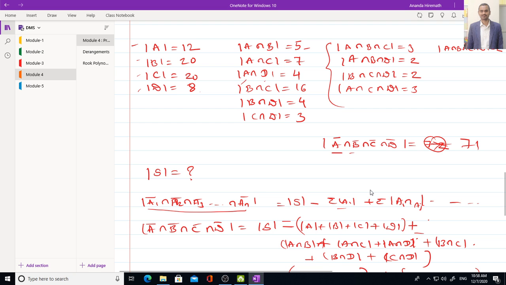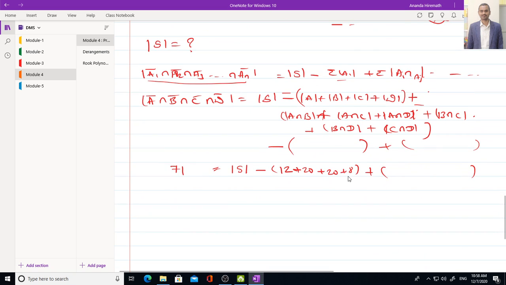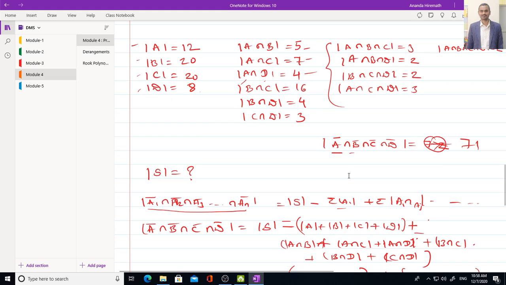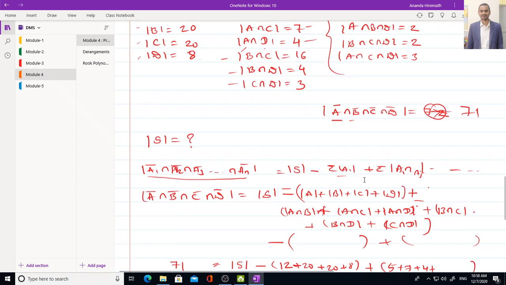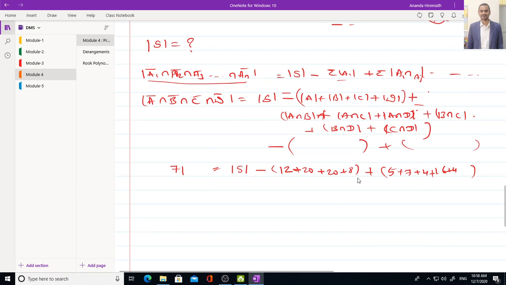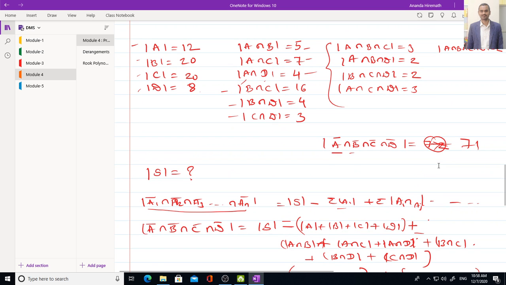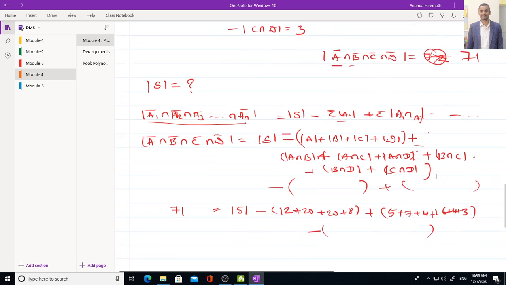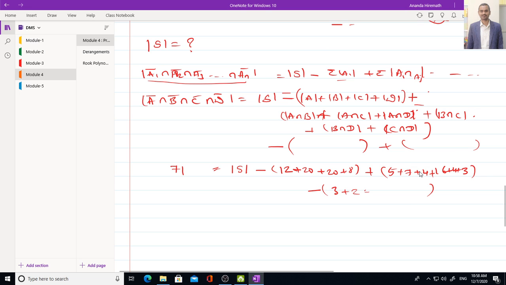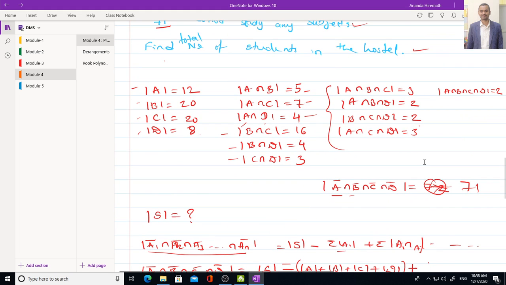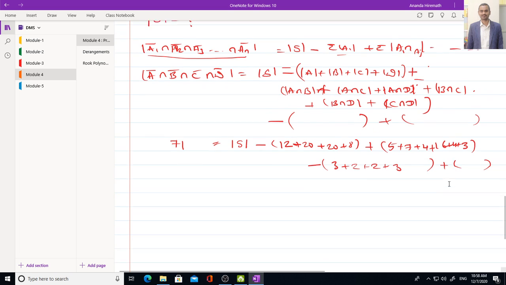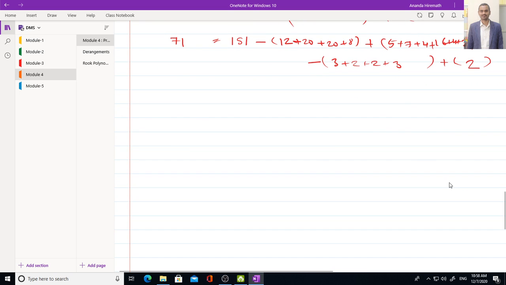So all these 5, 7, 4, then we have 16, 4, 3. Then next minus combination of threes. Here 3, 2, 2, 3. Then plus combination of fours is only one, that is 2.